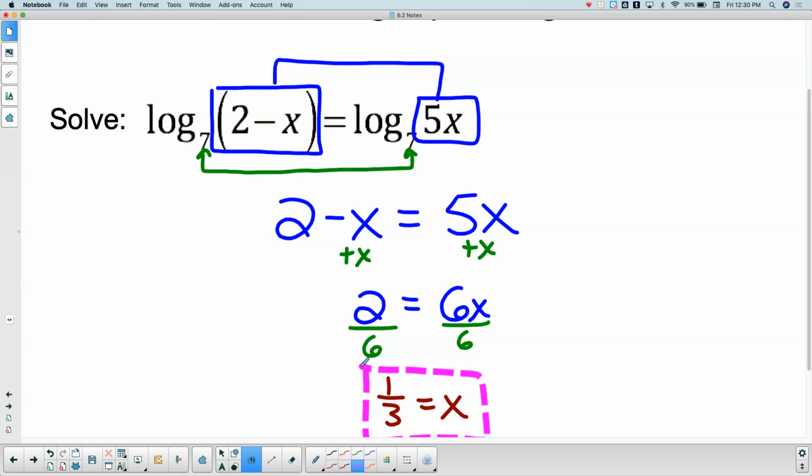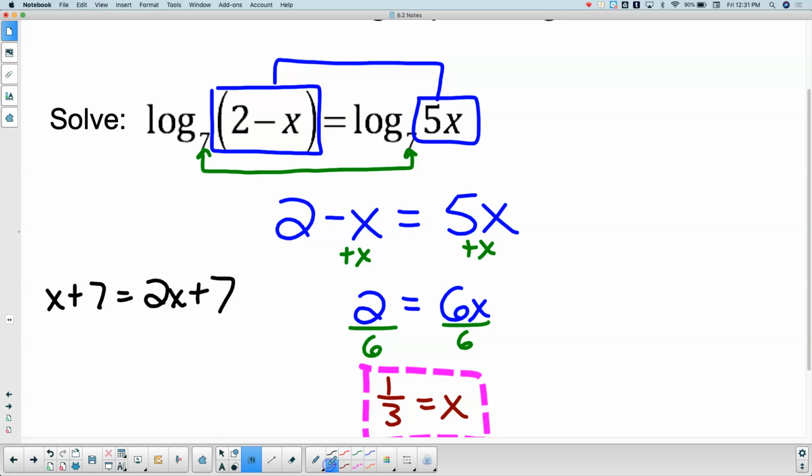Questions, comments, concerns, clarifications? So, if they share a base, if the base is the same, then they just cancel? Okay. It's no different if we had x plus 7 equals 2x plus 7.